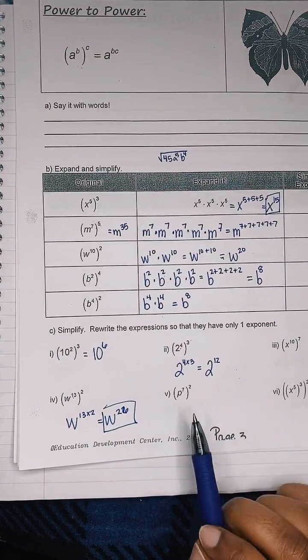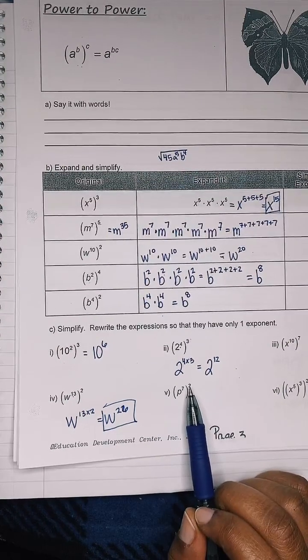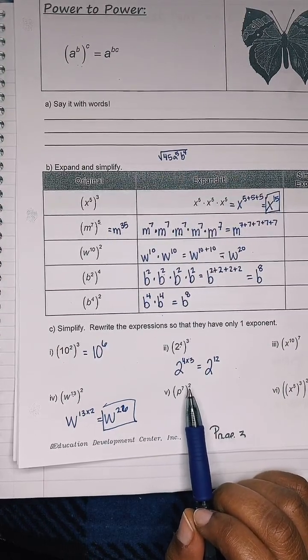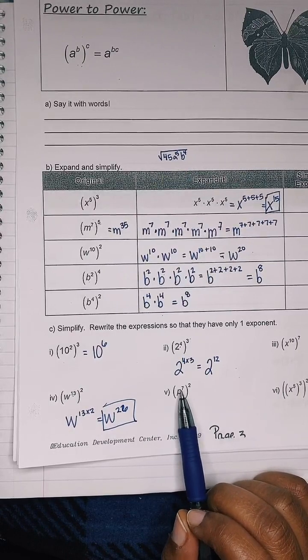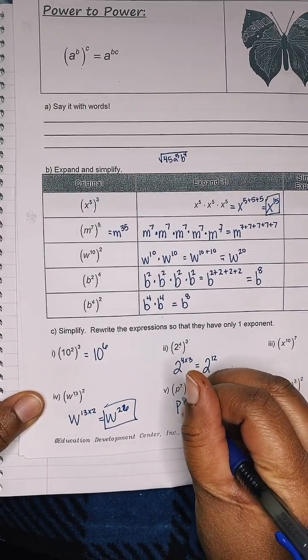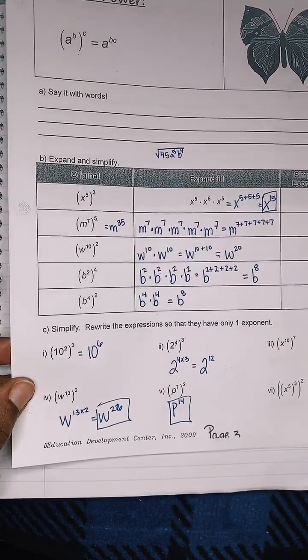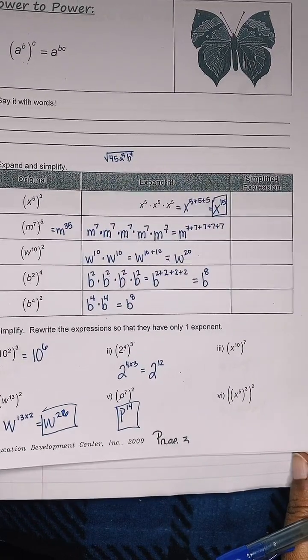Perfect. Wonderful. Now we have P to the 7th. Yeah, we're going to get to negatives. I have zeros and negatives, and subtracting. P to the 7th times 2 is going to give us P to the 14th. Wonderful. And our last 2 over here.